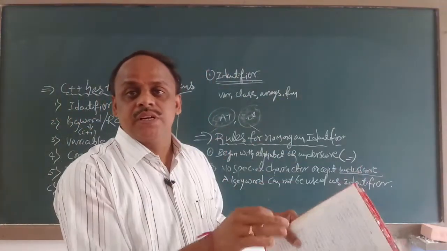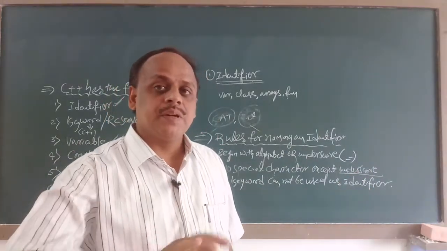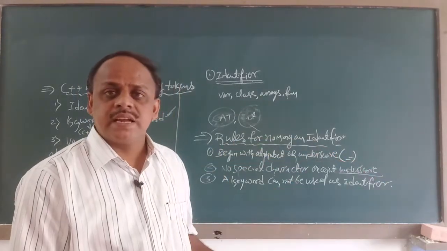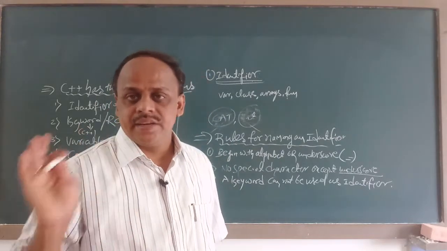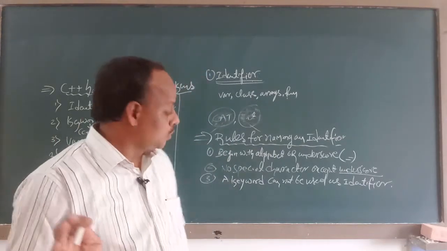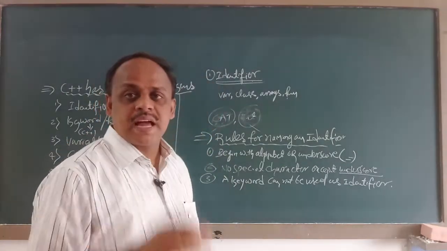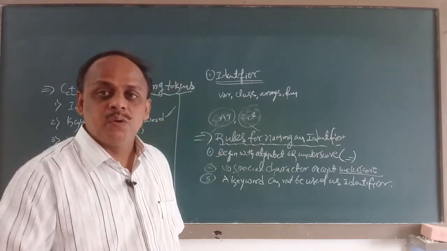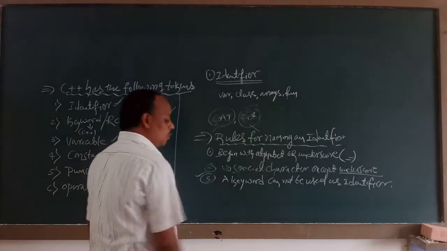There are some keywords in C++. Those are predefined words. I can say keyword means predefined word. Let us discuss afterwards. So those cannot be used as identifiers, right? Such keywords are already defined to do some task purpose. So those things cannot be used for naming an identifier. This is the third rule.